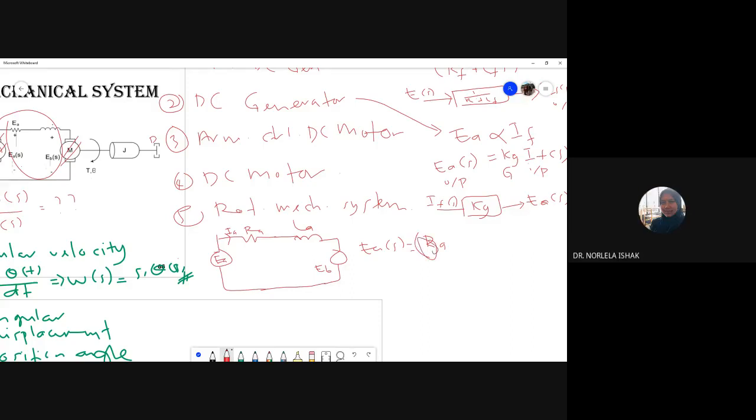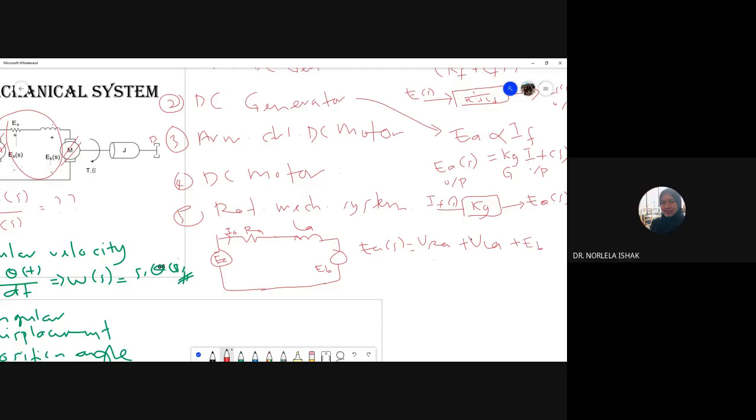Okay, kejap ya. Hilang pula ni korang. So, kita buat, let's say lah, katakan. VRA plus VLA. Plus dengan VLA and plus dengan EB kan?